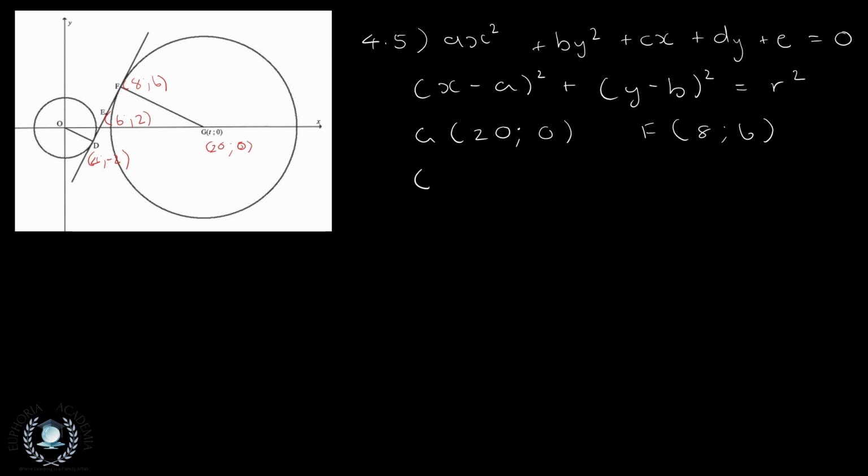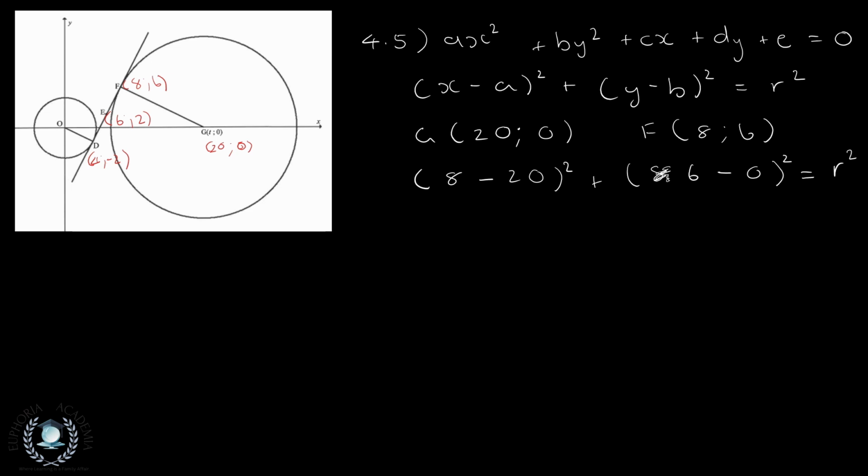Substituting, our x will come from point F: (8 minus 20) all squared plus our y, which will be (6 minus 0) all squared, and that is equal to r squared.